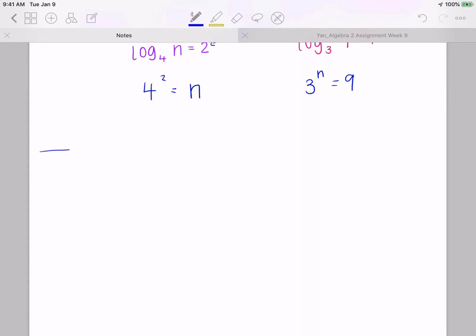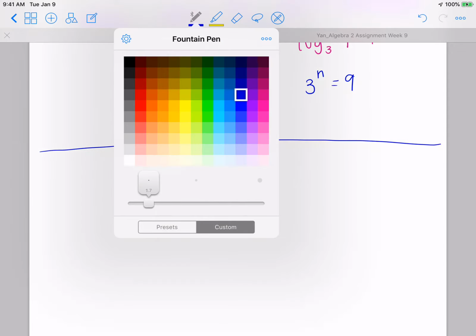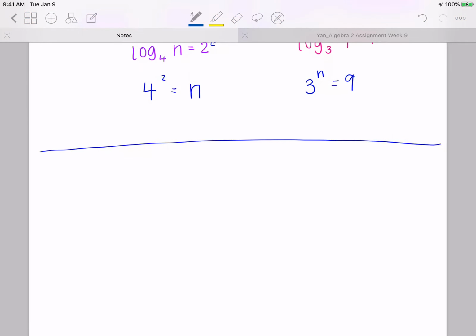I'm going to talk about something really important, and it's also a review: some exponent facts. If I have 4 to the second power, this is obviously going to be 16. If I have 4 to the negative 2 power, what does that give you?